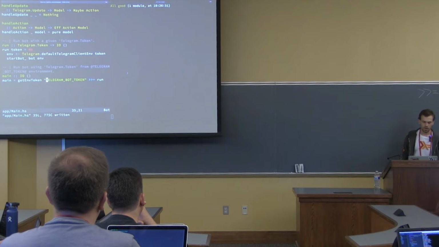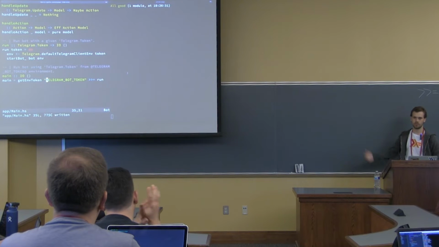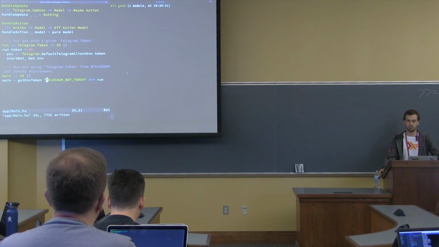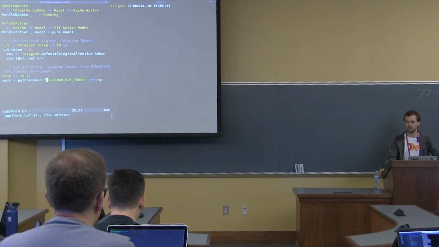Yeah, getenv token is just a simple helper that gets the environment variable and just wraps it in a token newtype. To run main, you have to export this variable. I have this already, so I use it to not type the token every time and just not to leak the token to you.